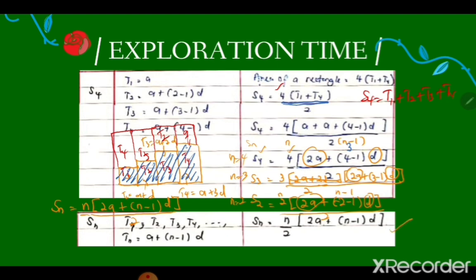So this is our formula for the sum of the first n terms in arithmetic progression. That is how the formula comes from.